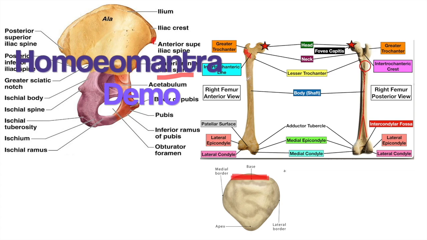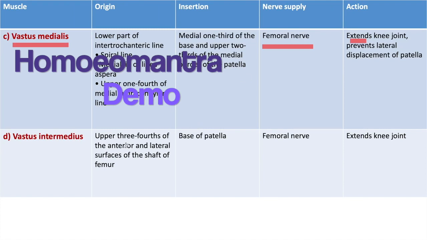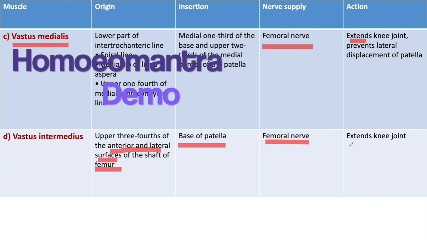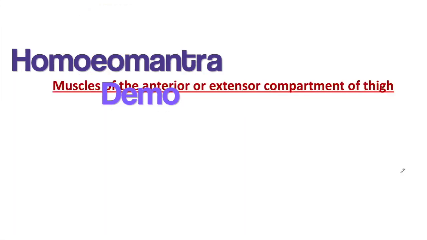Vastus intermedius originates from the anterior and lateral surface of the shaft of the femur. It is also inserted into the base of the patella. Supplied by the femoral nerve. It also helps to extend the knee joint. These are the muscles of the anterior compartment of the thigh, mainly sartorius and quadriceps femoris. All these muscles are supplied by the femoral nerve.